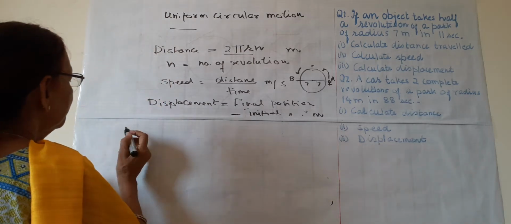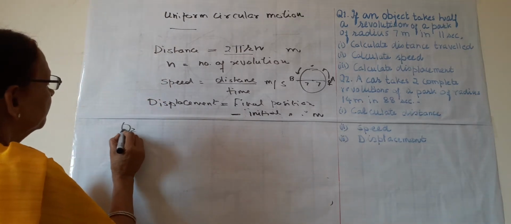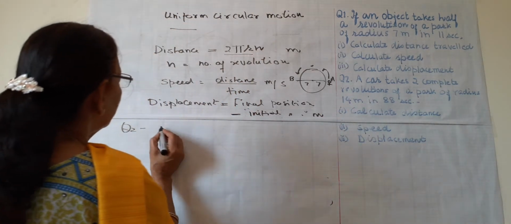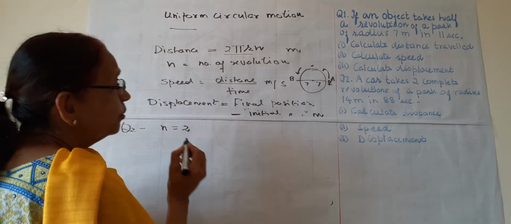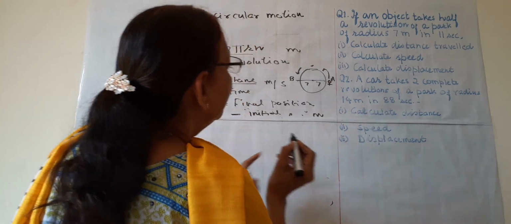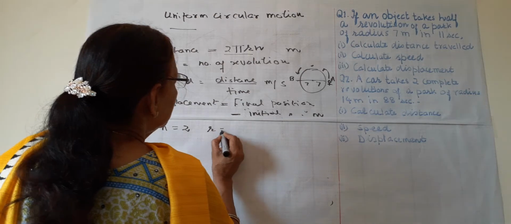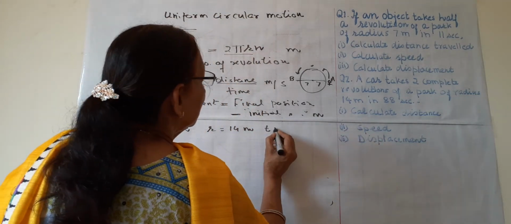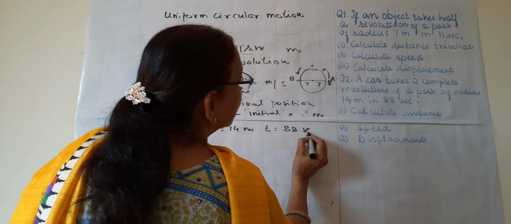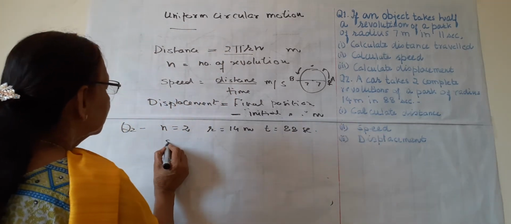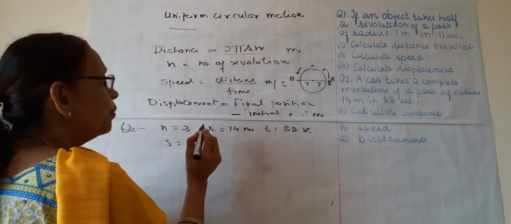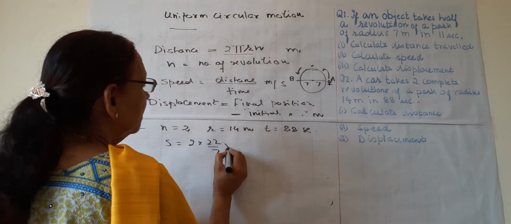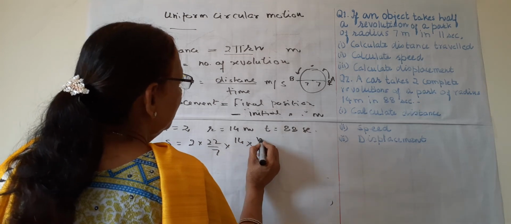Now we will do question number 2. The car takes 2 complete revolutions. Here n is equal to 2. The radius is 14 meters. Time taken is 88 seconds. First we have to calculate distance. S is equal to 2 pi r n.